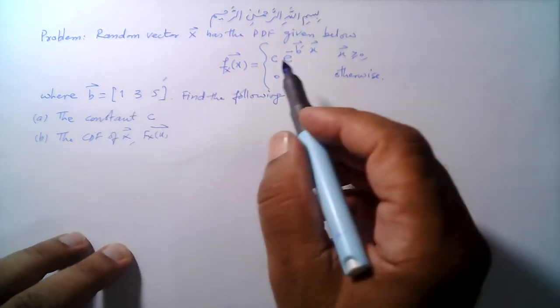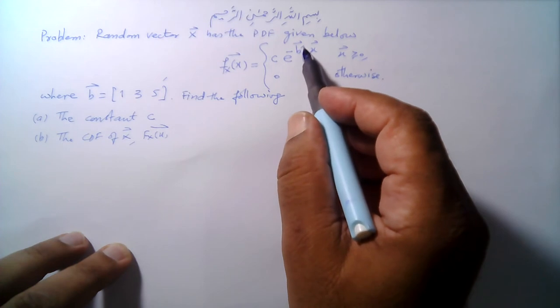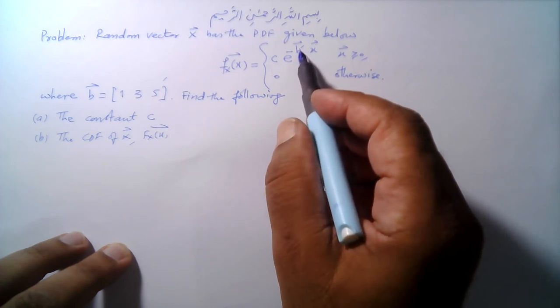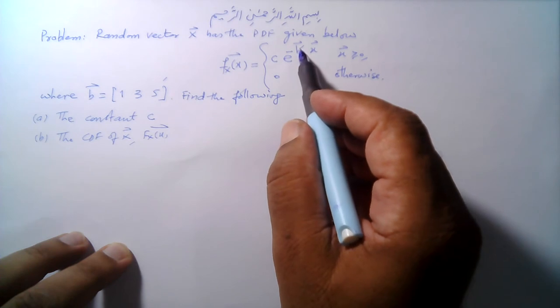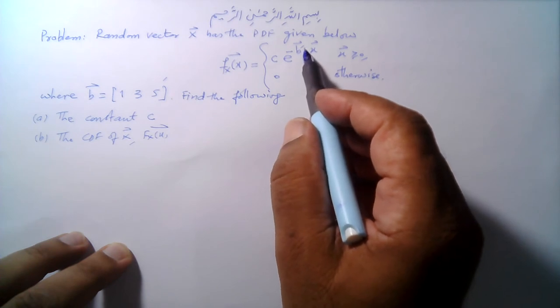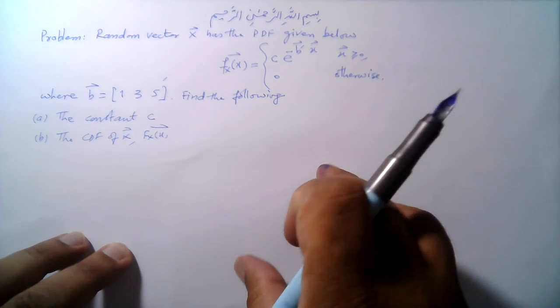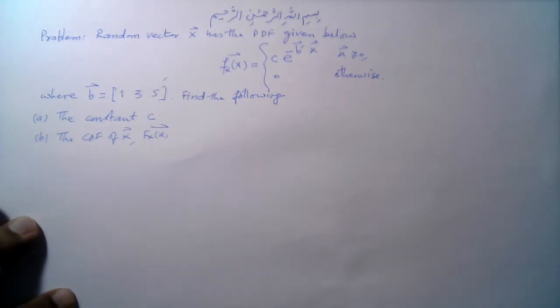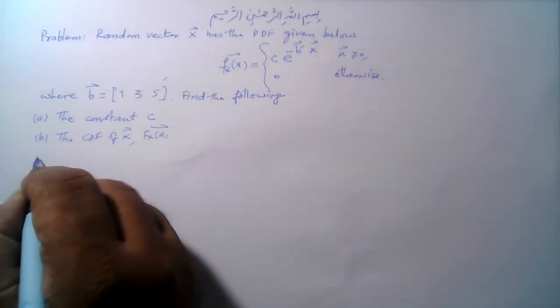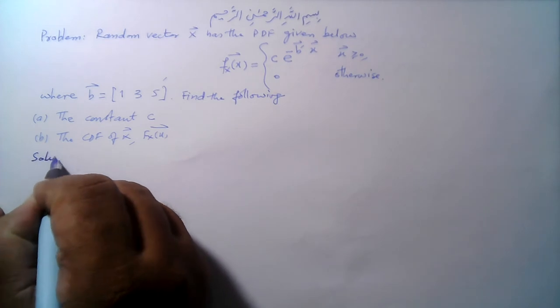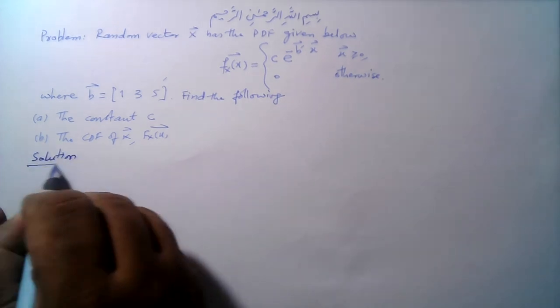Likewise this dash or accent here is used to denote that this vector b is a transpose, right? So let's begin with the solution to this problem.